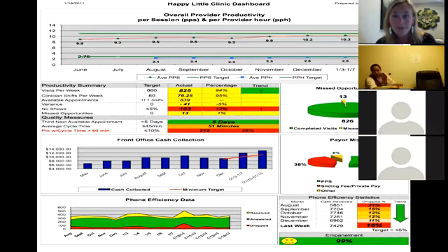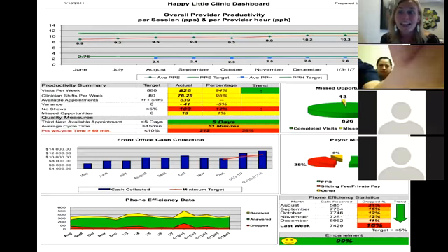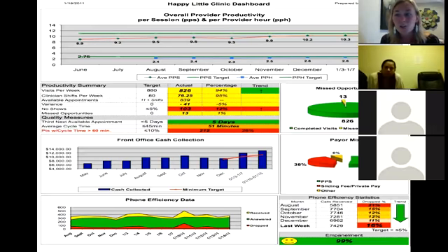Happy Little Clinic, in this case, was a site that called us after EMR implementation because their productivity had tanked. So the very top thing on their dashboard, I'm sorry to say, but not really, because it was what was important to them, was productivity. Instead of making two separate charts, we created this chart with both patients per hour and patients per session so that they could watch the trend.